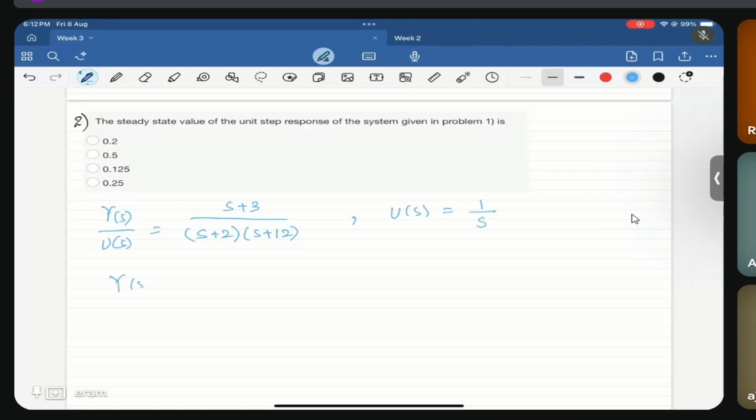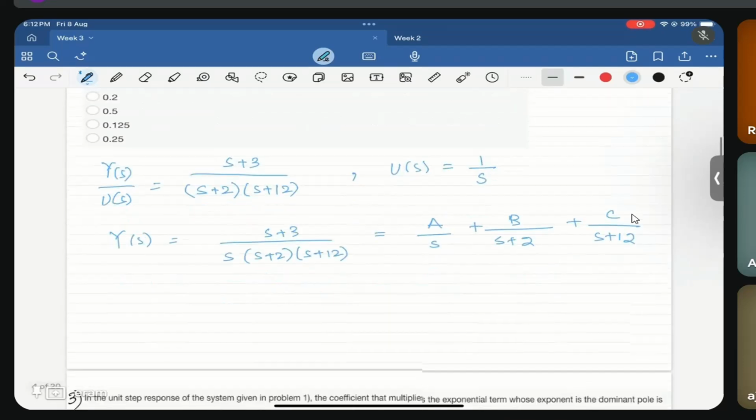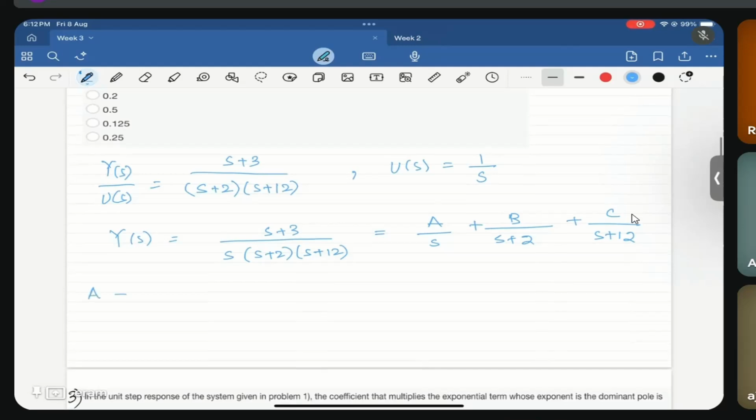So Y(s) will be (s plus 3) divided by s into (s plus 2)(s plus 12). With partial fraction we can break it into this form, and to get A we will multiply it with s and calculate the value at 0.